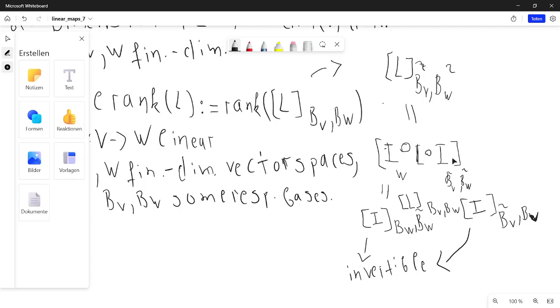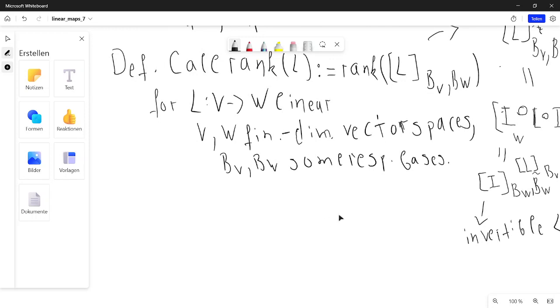And that just gives you that the rank of two matrix representations is the same, and that allows us to define that, right?